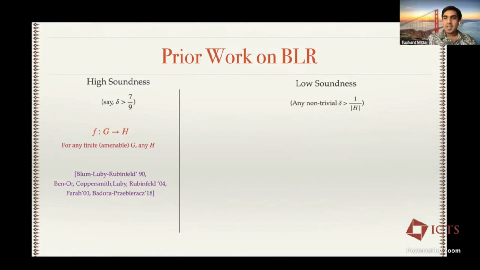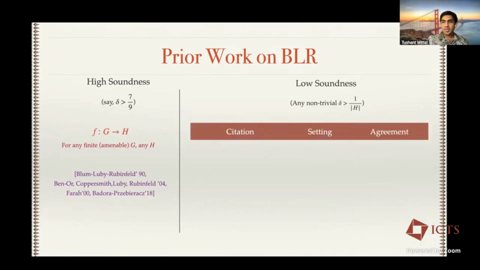On the other hand, in the low soundness regime, I don't place any lower bound on delta. I would like to have some structural result about f without assuming that delta is large. 1 over h is a natural trivial bound because a random function obeys that. So for anything slightly better than random, you would like to obtain some results.